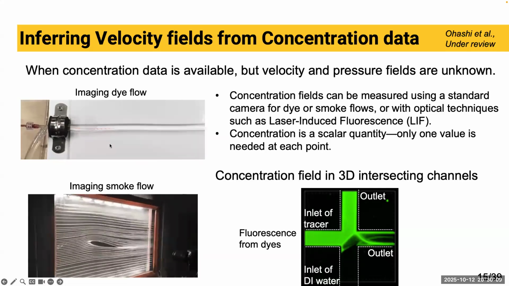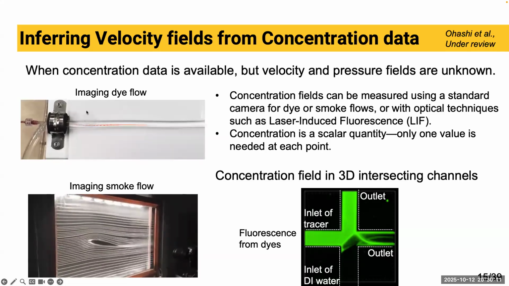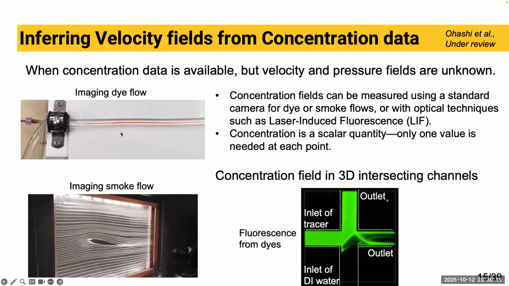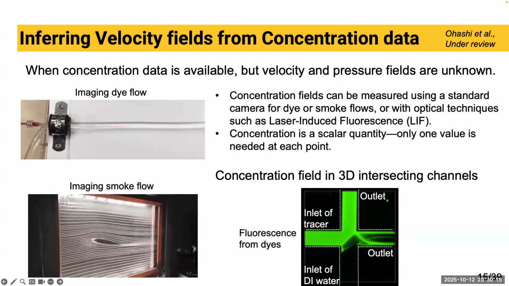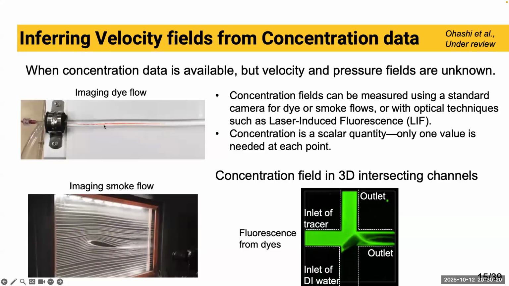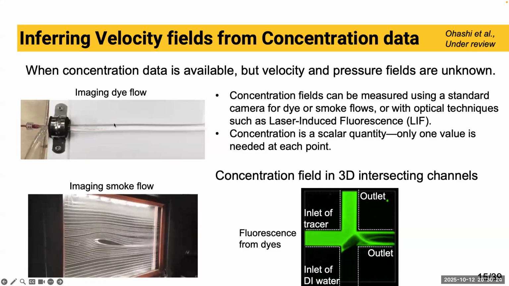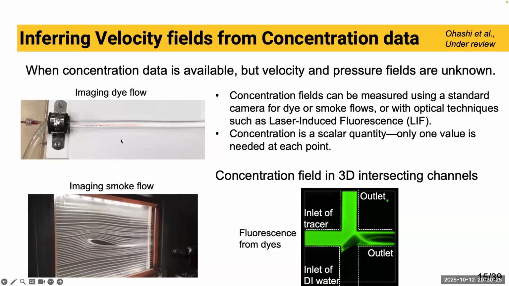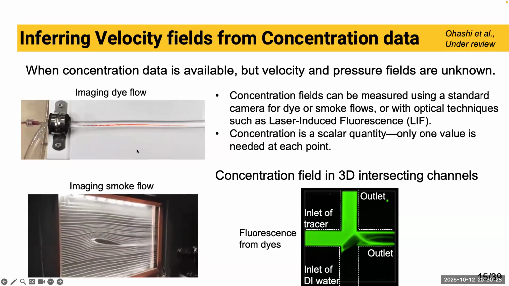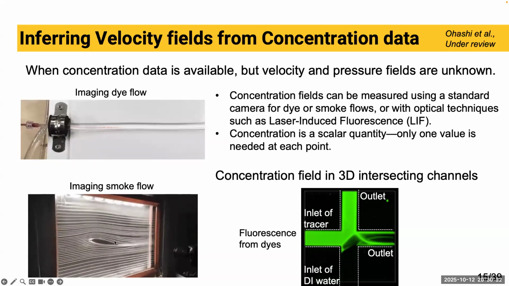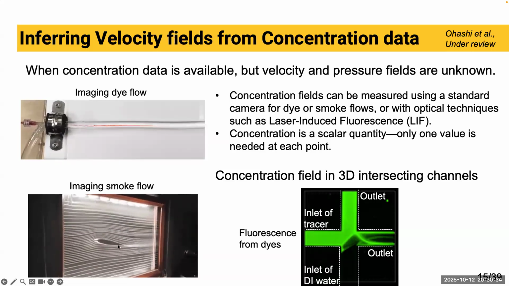My former student took this dye flow image using a GoPro camera. He injected food dye into a water flow, and these dye flows represent the underlying flow structure. And in many laboratories, people inject smoke to visualize the flow around wings or vehicles.